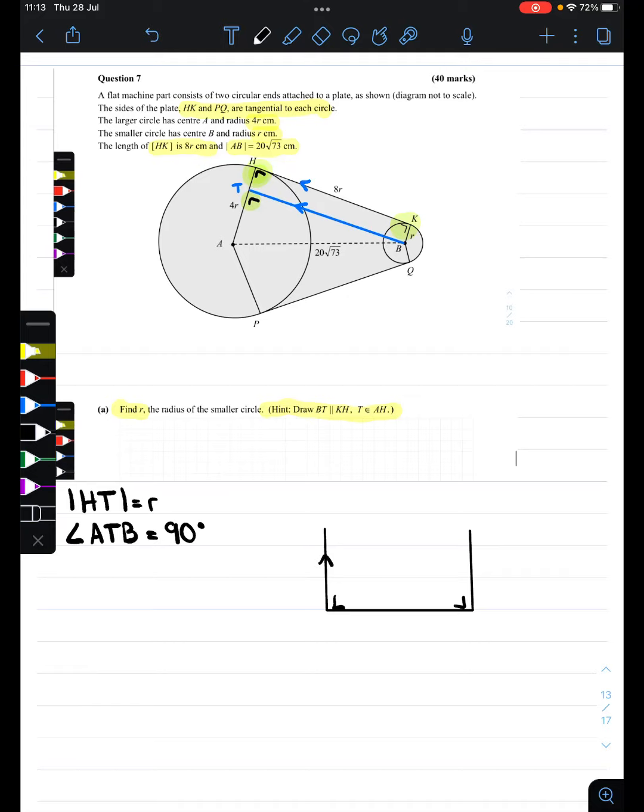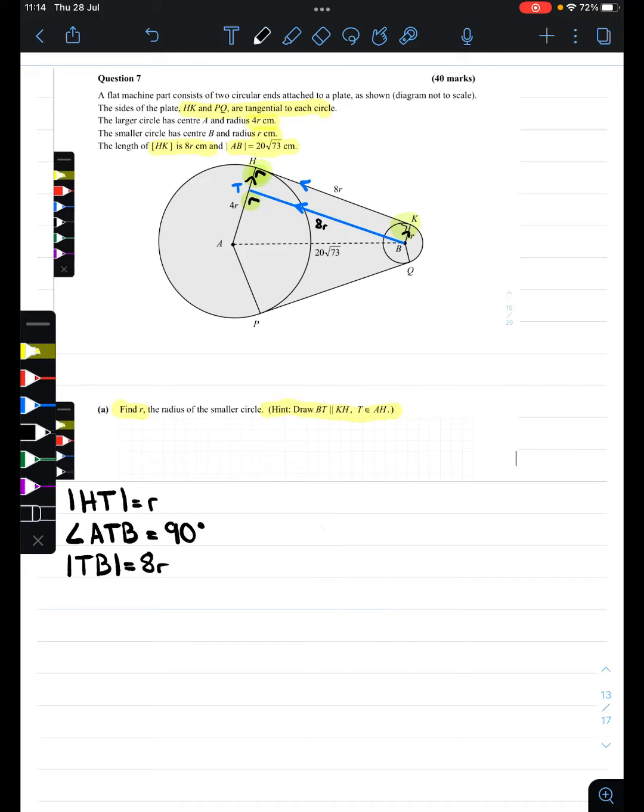Well, we can immediately tell that these two are parallel. So, TH and BT are parallel, which means they also stay equally distant from each other, which means that this is 8r, same distance from each other. So now TB equals 8r.